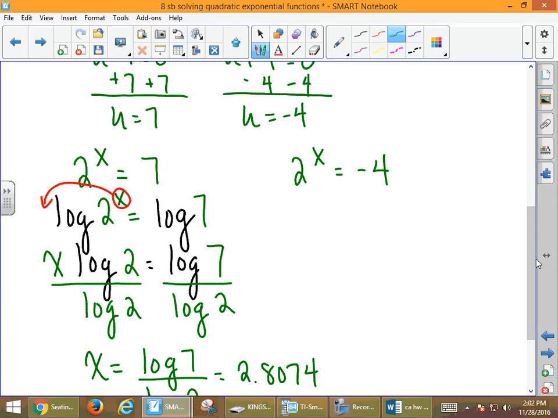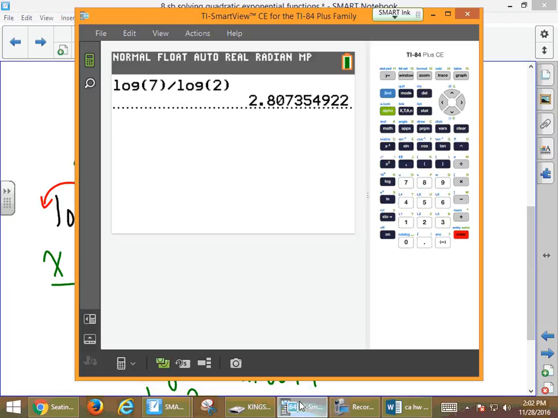But before I go ahead and solve 2 to the x equals negative 4, if you look at the directions here, it says check your work using your graphing calculator. So we just have that answer in our calculator, so before it gets all jumbled up, what I'd like to do is just show you a way to check here. And our problem was 2 to the 2 times our answer there, which we can take on our calculator and go second and the negative button.